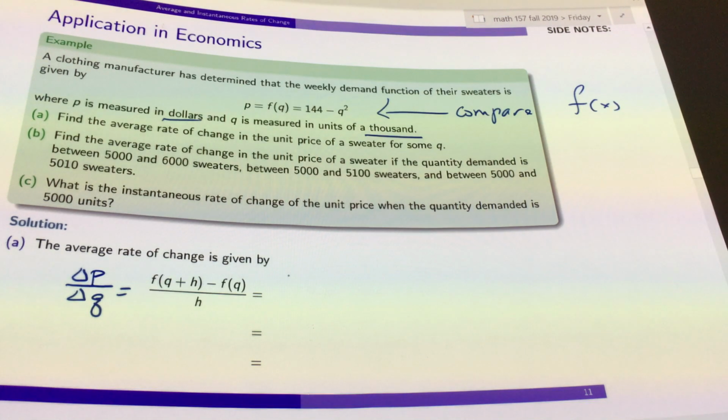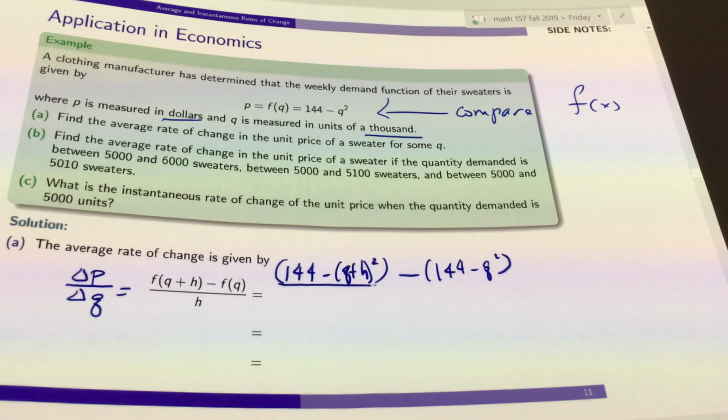So now I can just substitute back. Because my Q is this, I can just substitute back into my functions. So this first term, and this second term, over h. Okay, so you just need to simplify, expand this out.